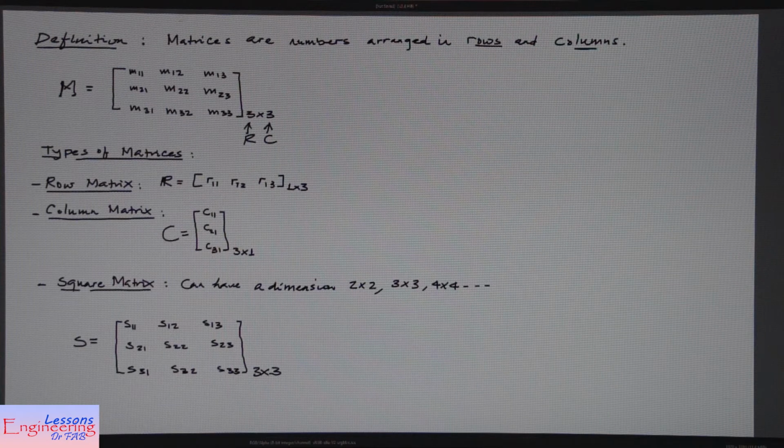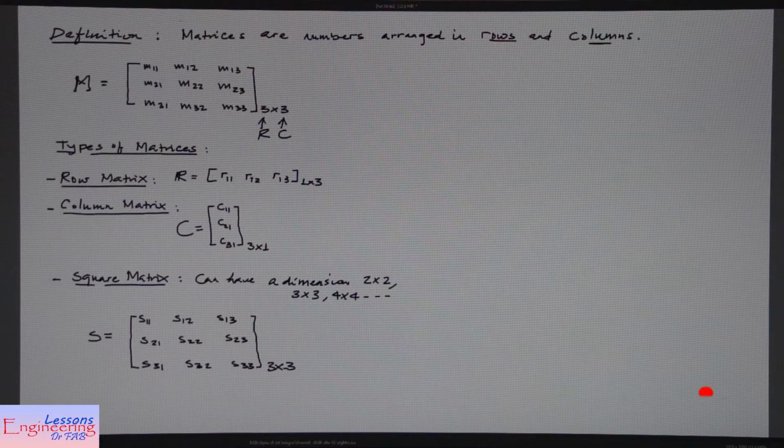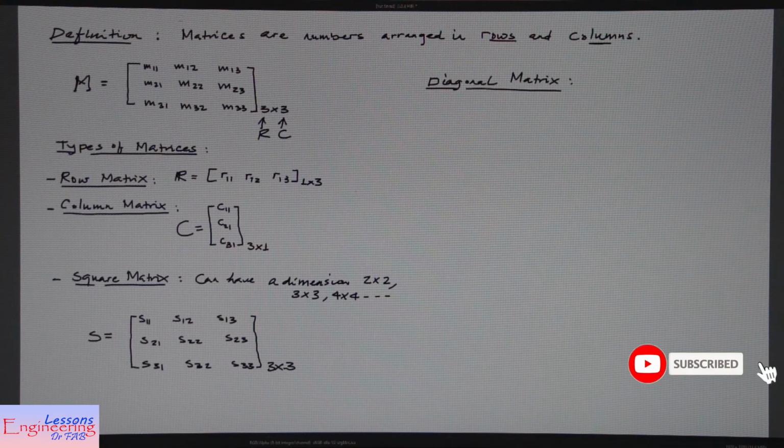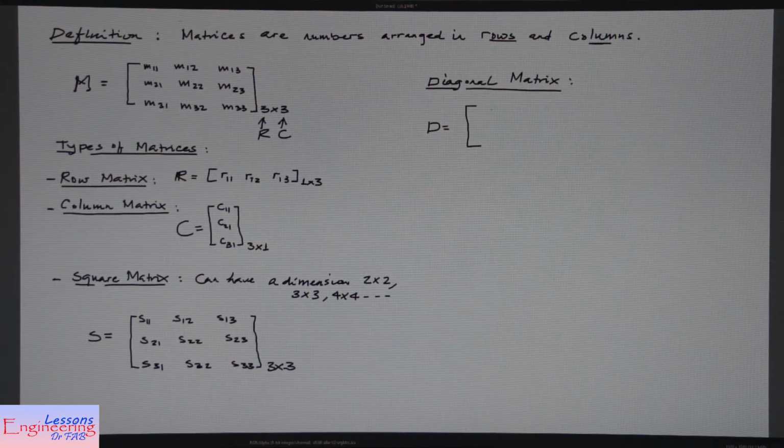Now I want to introduce the diagonal matrix. So the diagonal matrix is a special type of square matrix where its diagonal elements are different from 0, but all the non-diagonal elements are 0. Now assume any matrix D has got elements and it has to be a square matrix.